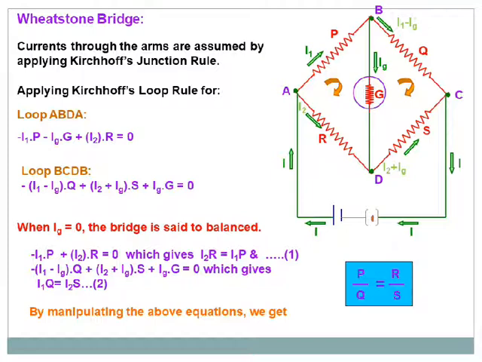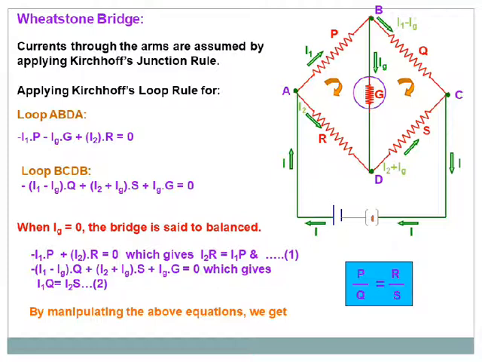Alright, so to prove all these things, we are going to apply Kirchhoff's law. Kirchhoff's loop rule we are going to apply. So for the loop, we are going to consider two different loops. First loop is A, B, D, A, and second loop is B, C, D, B. While considering A, B, D, A, by applying Kirchhoff's laws of current and voltage, we have to consider a sign convention.